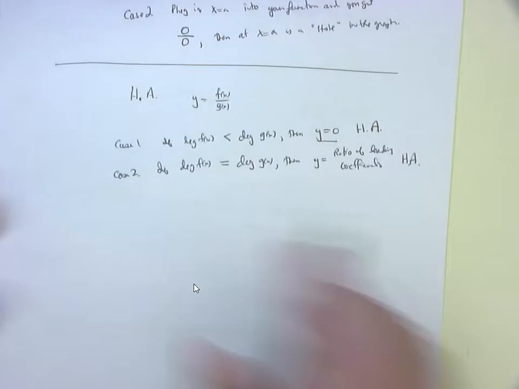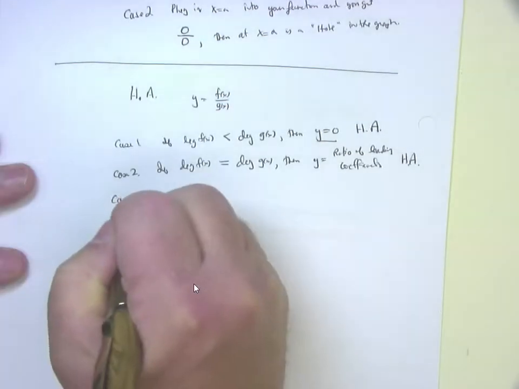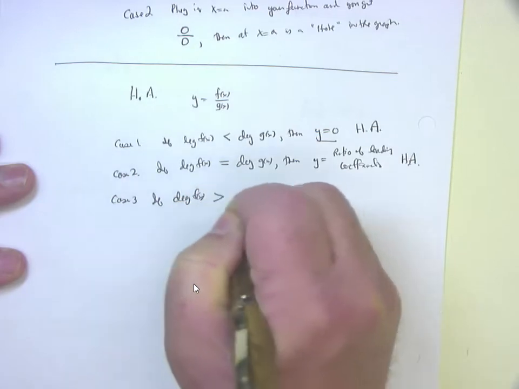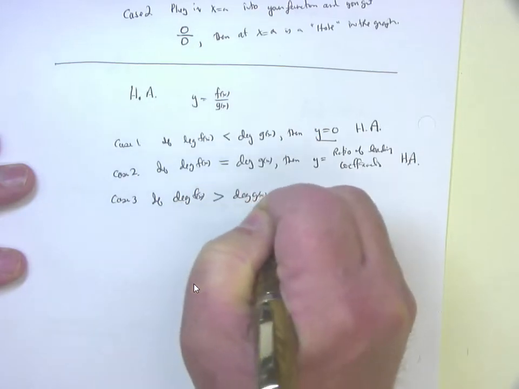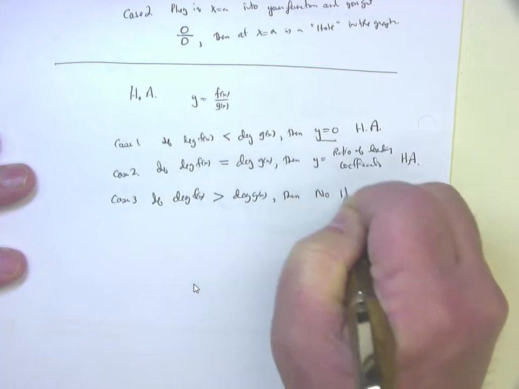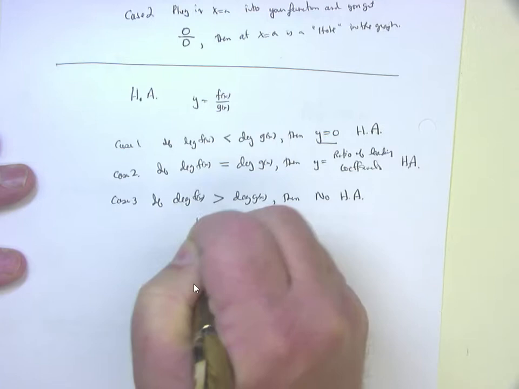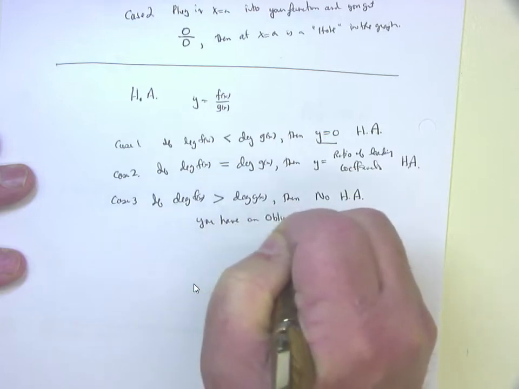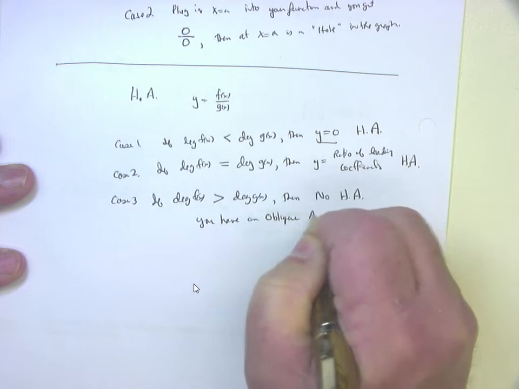And then there was the interesting case 3: if the degree of f of x, the top, is greater than the degree of g of x, the bottom, then there's no horizontal asymptote. You have what we call an oblique or slant asymptote.